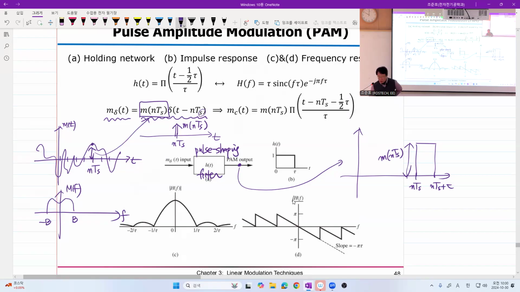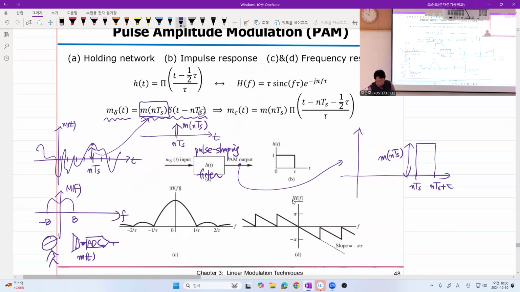So the question is like this. Here is your speaker, for example. So you generate m of t, and here goes your A to D converter, which needs to be defined, but anyway.